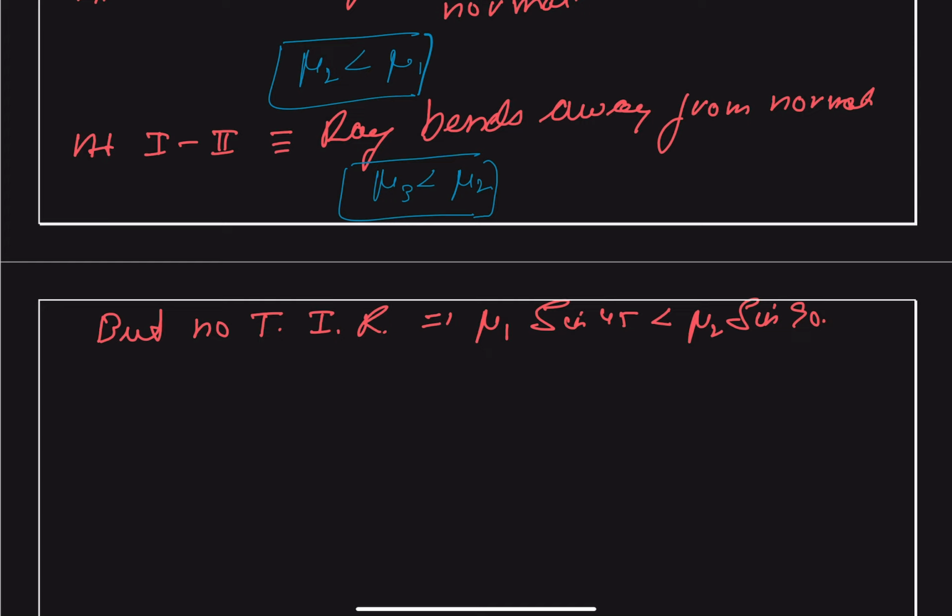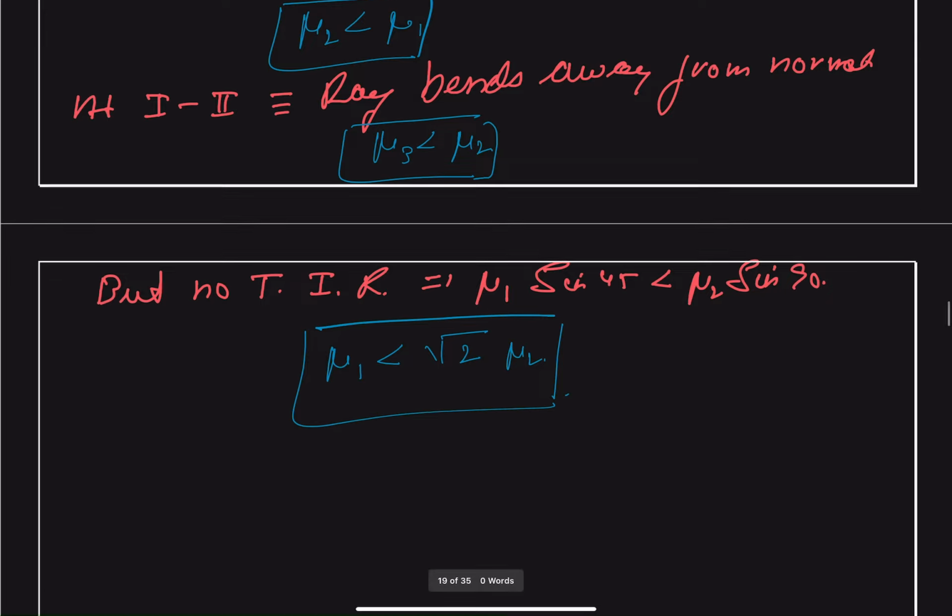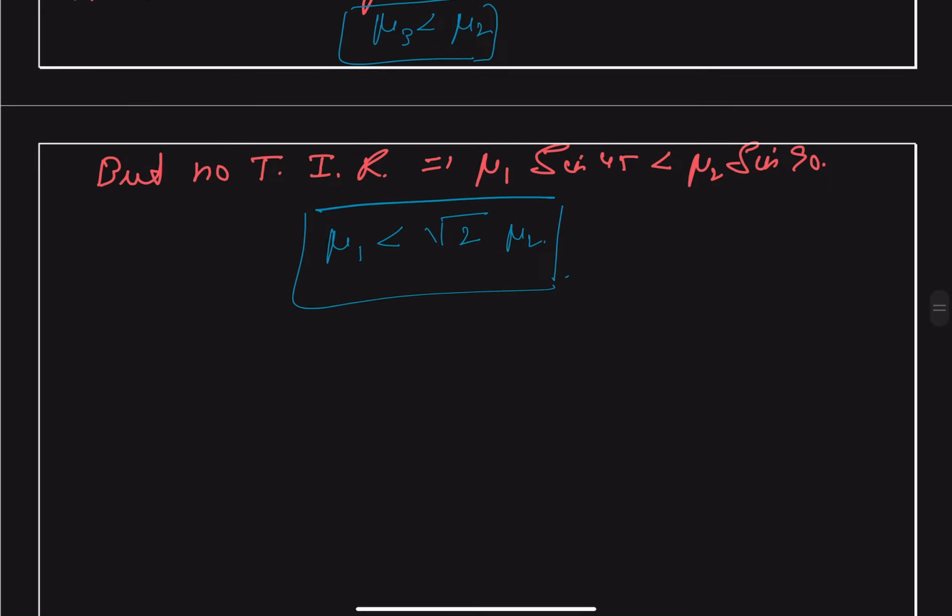So this gives us that mu1 is less than square root of 2 times mu2. And we can just combine all these options. So we get mu2 is less than mu1, mu3 is less than mu2, and finally mu1 is less than square root of 2 times mu2.